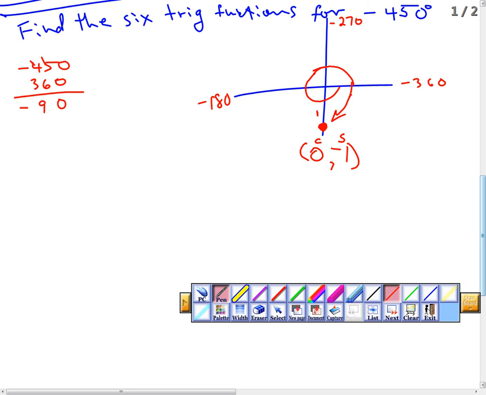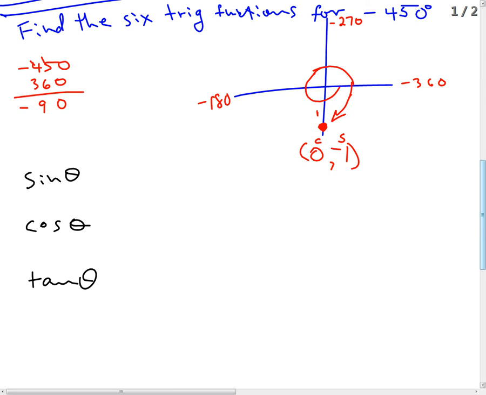So now come up with our 6 trigonometric values for sine, cosine, tangent, and then the reciprocals. I'm not going to write them down yet. Go ahead and do that.